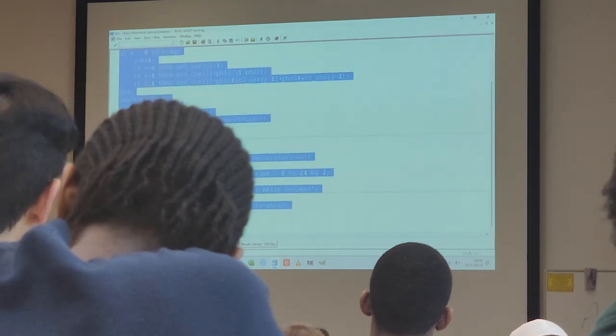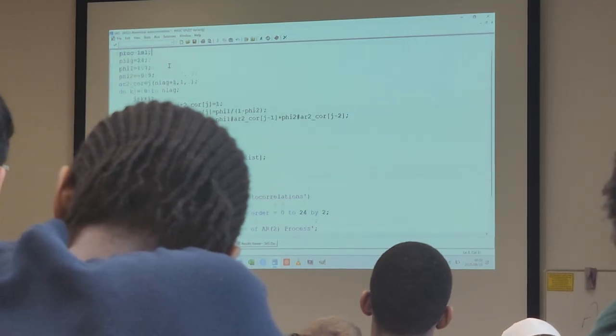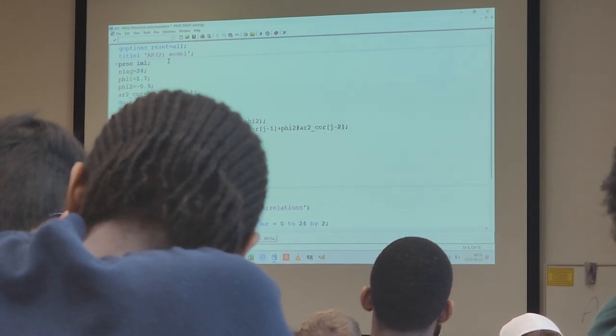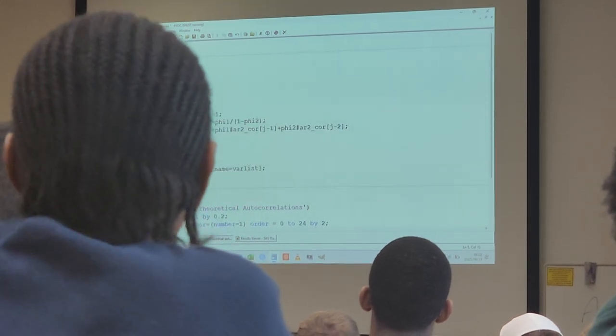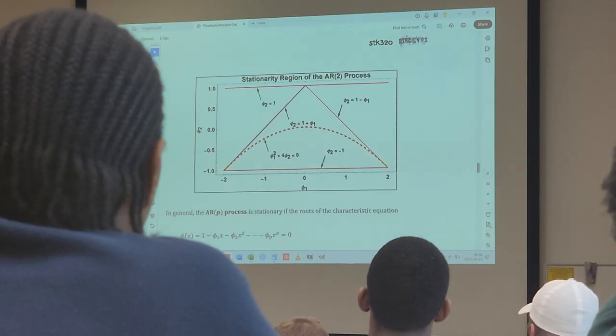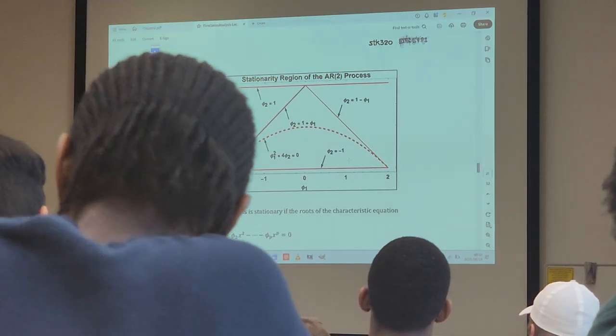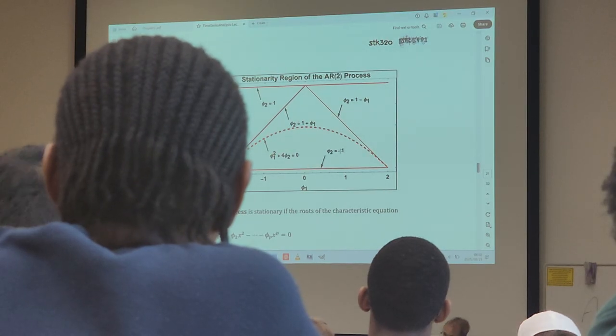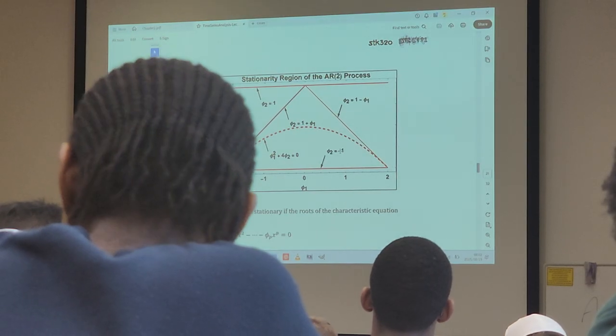Go back here. I've picked phi1 and phi2 values such that they come from underneath that dotted parabola, where the roots are negative.